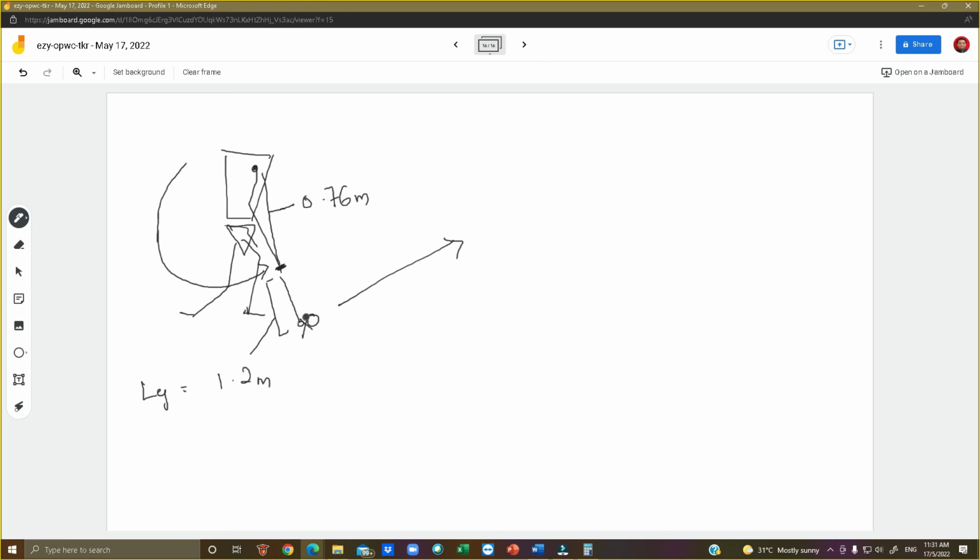At the point of contact, it caused the ball to have initial velocity of 35 meter per second. The question is, what is the angular velocity of the shoulder at the point of contact? Maksudnya berapa laju shoulder ni swing in order to get this velocity.